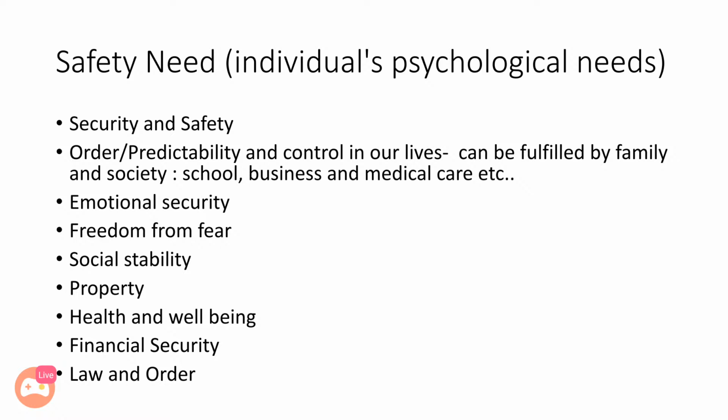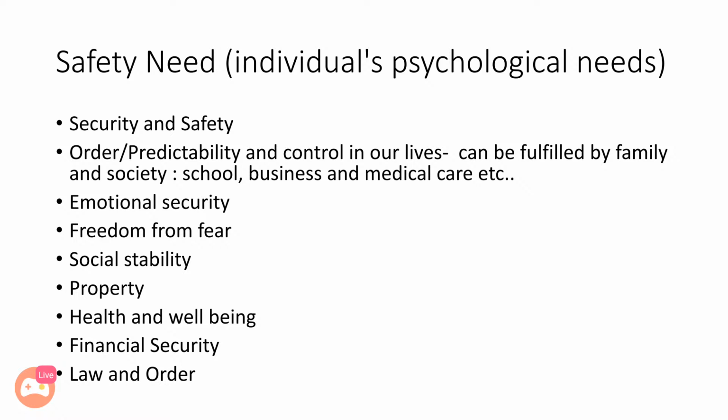Like we have a family, there is law and order, there is a government that is governing, our finances are good, our health is good, our well-being is there, we have property, we have social stability, we have good relations with our neighbors and society, we have a good reputation in the society, right?